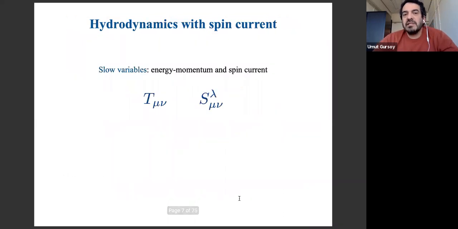In this case, there are two basic operators we are talking about: the energy momentum tensor, the stress tensor, which is always a part of the game. And on top of that, we want to understand transport of spin. So we introduce a spin current. Here, the upper index tells you the direction of the flow, the direction of spin transport, and the lower indices define the direction of the spin.